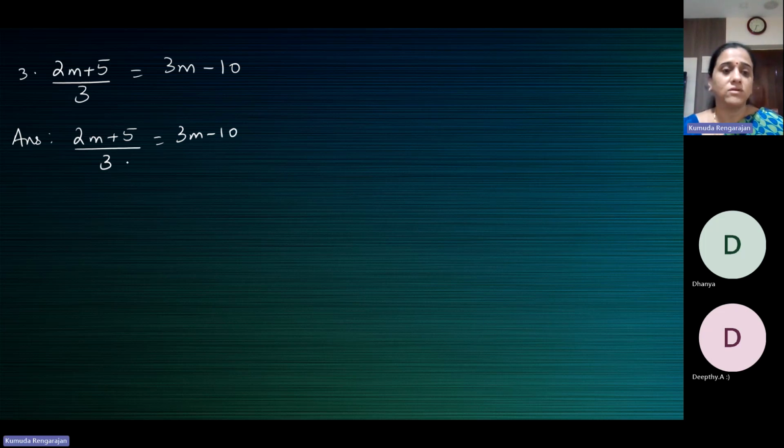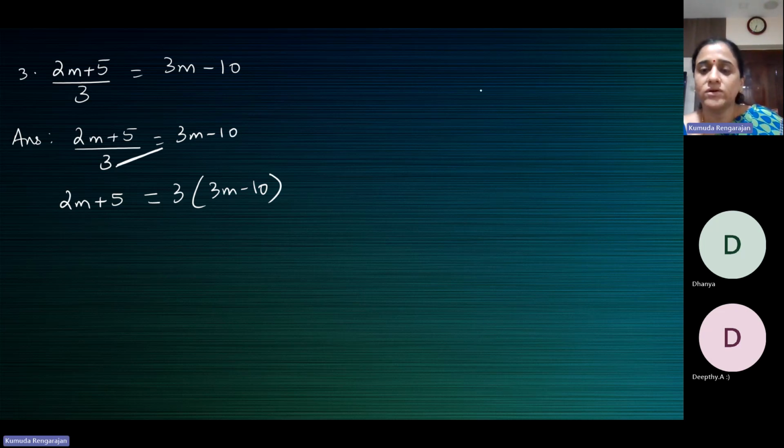All right. So now, next step, write 2m plus 5 as it is, equal to, multiply 3 into 3m minus 10. This is cross multiplication. 3 into 3m minus 10.